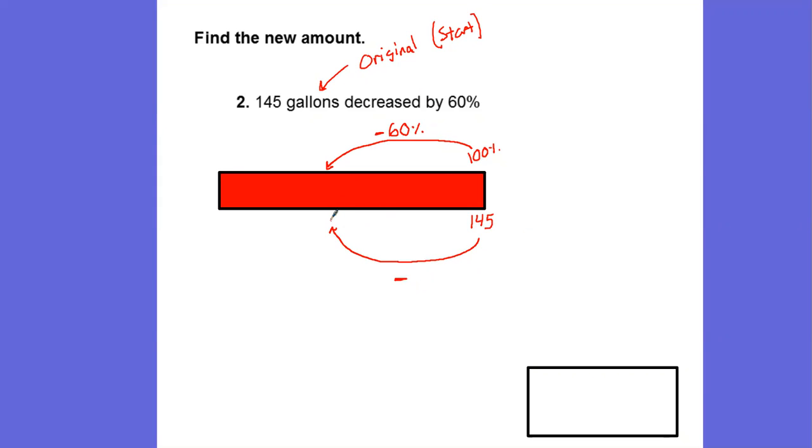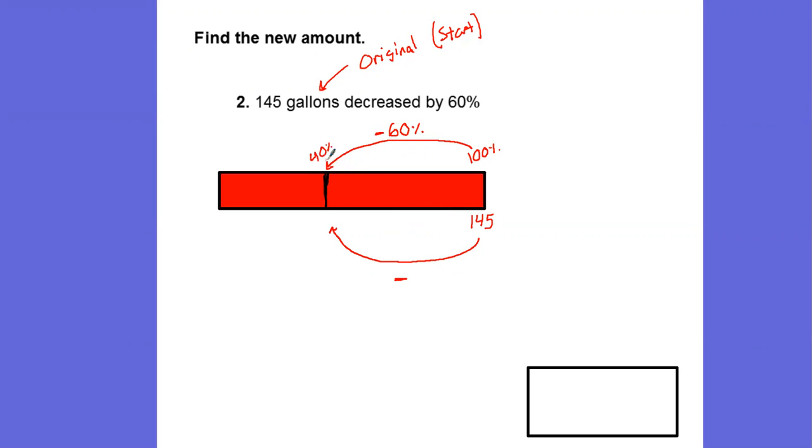And it also means that I'm going to end with a certain number of gallons here. So let's fill this number in. If I started with 100% and I lose 60%, I'm going to be left with 40% of what I started with.